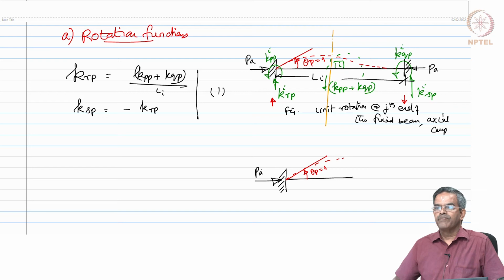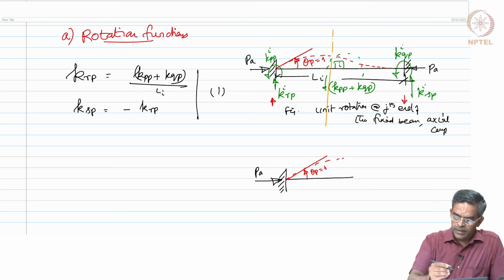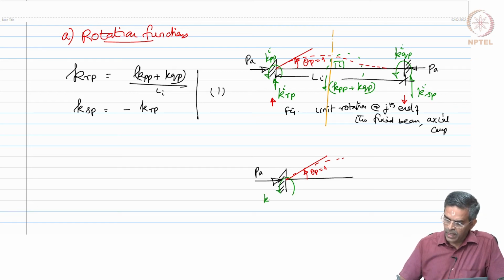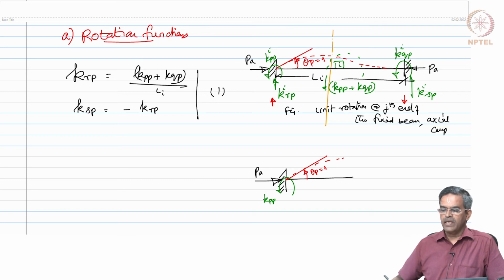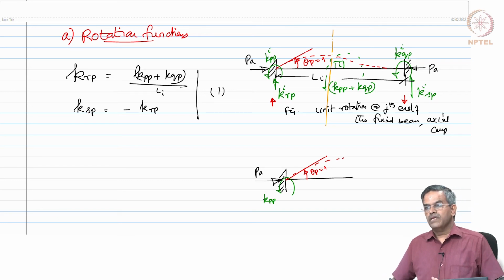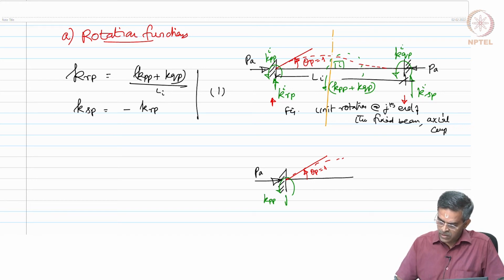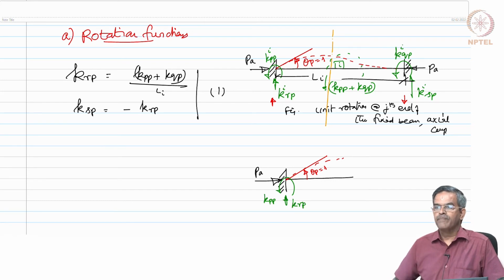It is having end moment KPP, because free body diagram is a true representation of all the internal and external forces acting on the segment considered. So, this is going to be KRP. Okay.